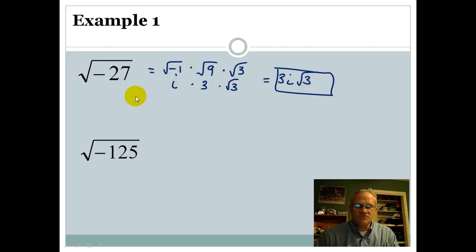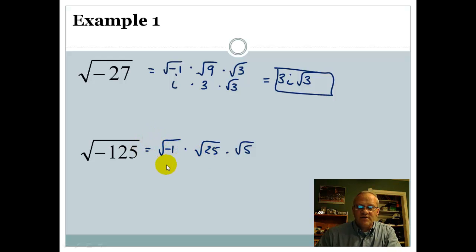And then here's another one, square root of a negative 125. Well, let's see what we can do here. Let's break this down into square root of negative 1. Now, 125, how can we split that up? Can you think of something there? How about this? Square root of 25 times square root of 5. 5 times 25 is 125, and the square root of 25 is a perfect square, so that's kind of nice.